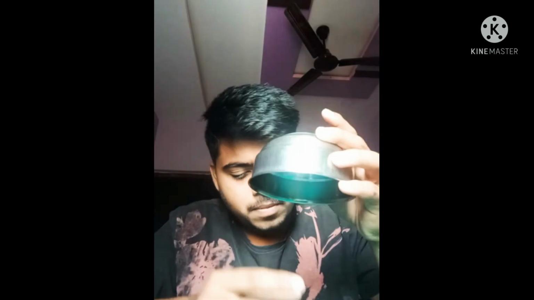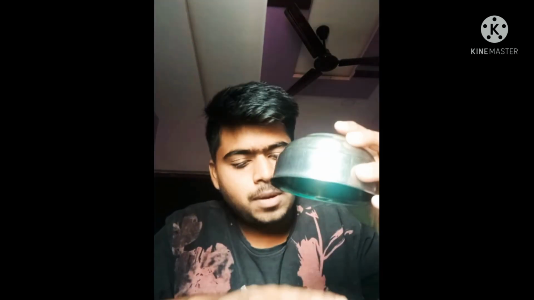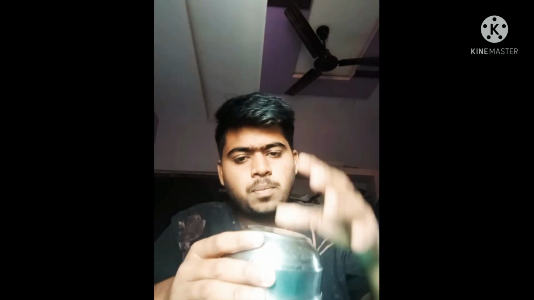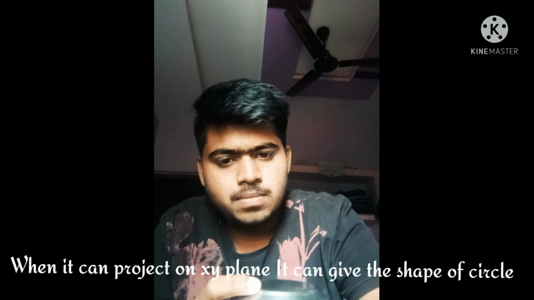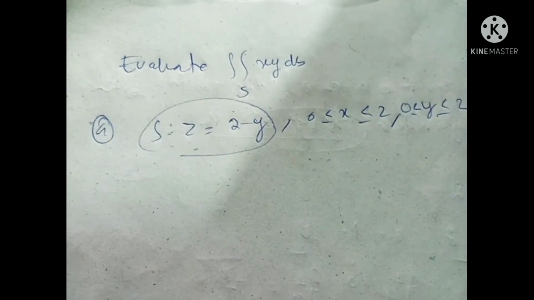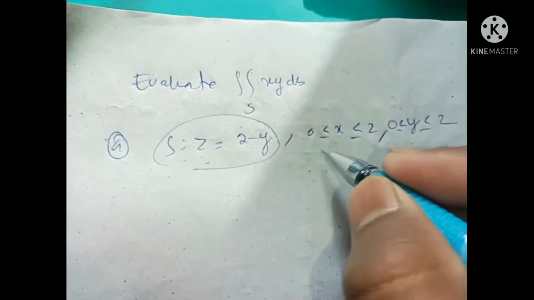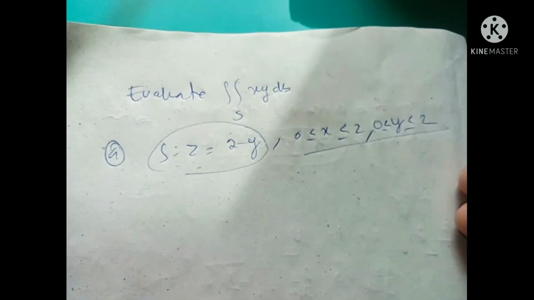Each point will project onto the xy plane, and the projection will be a circle in the xy plane. Now through questions we can get more clarity about how to evaluate this integral over a surface.